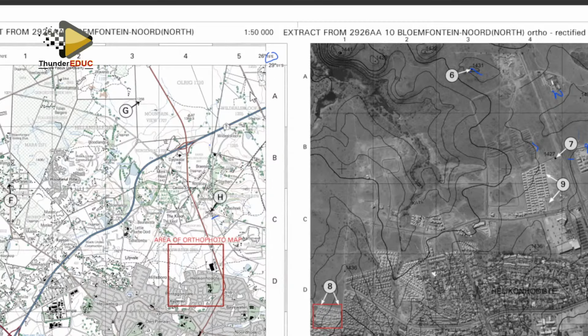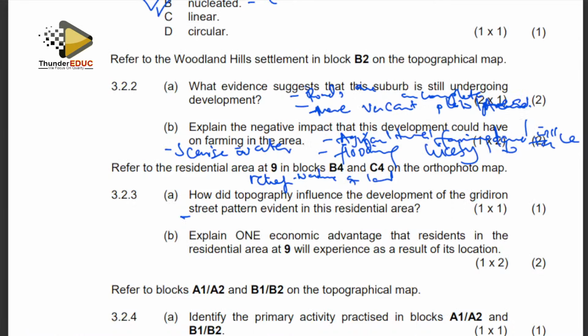Therefore, we agreed last time in the previous question paper that if the area is flat or gentle, it influences the construction of the grid street pattern. You remember that? So here we are going to say, because it is flat, it is easy to construct those grid street patterns.